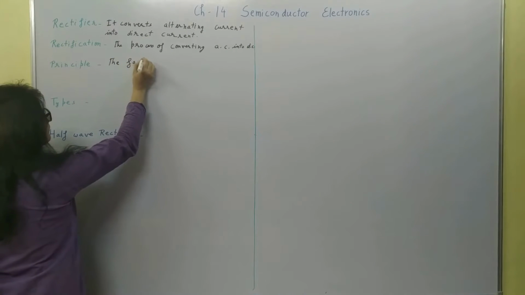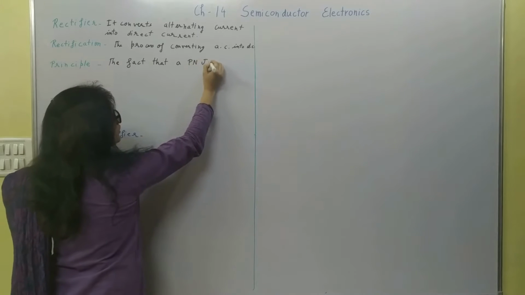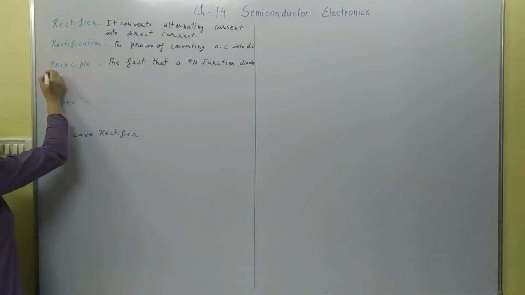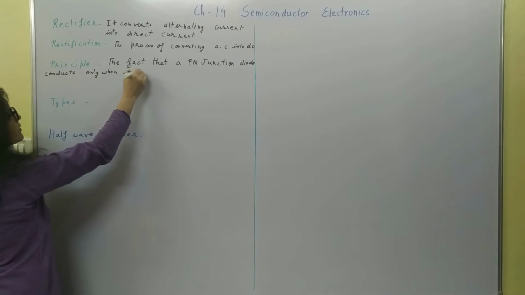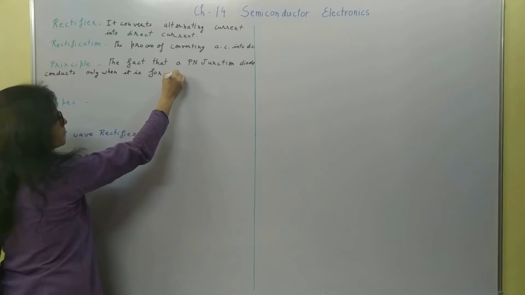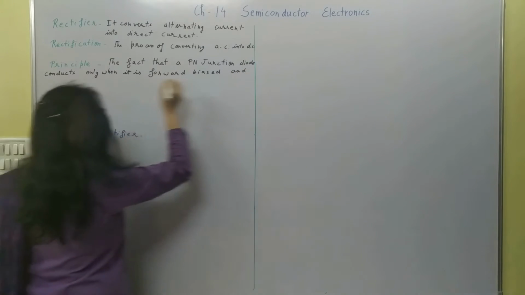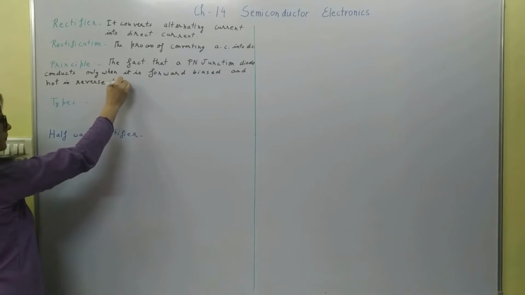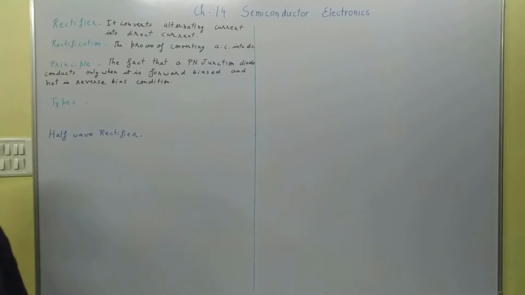The fact that a PN junction diode conducts only when it is forward biased and not in the reverse bias condition. Therefore, this PN junction diode is also called a valve.